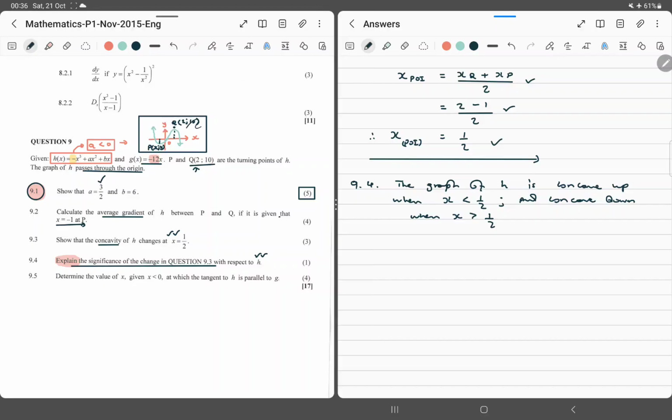Can you see? Because of the shape of the graph. So that is the significance of this change.